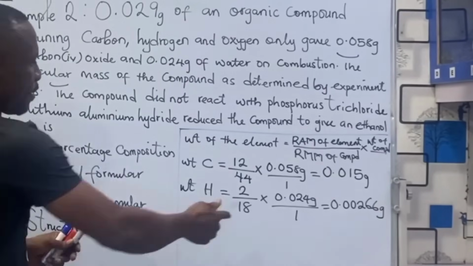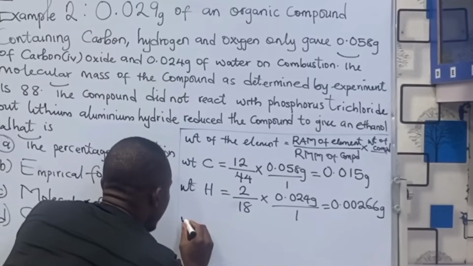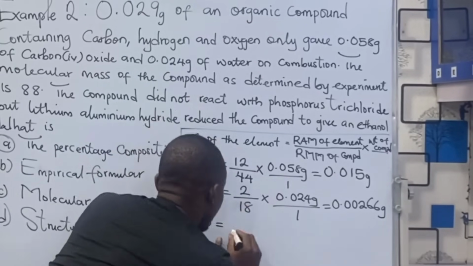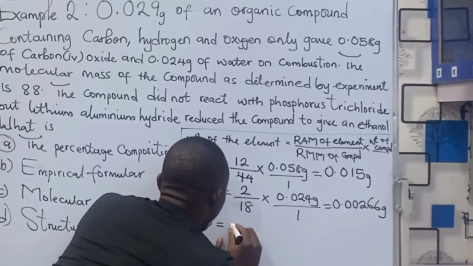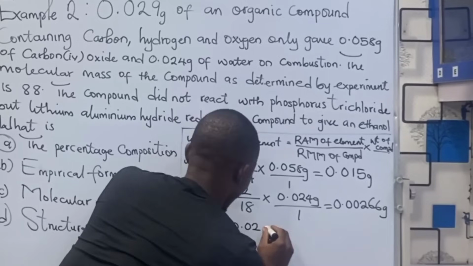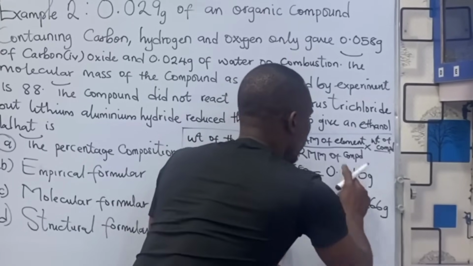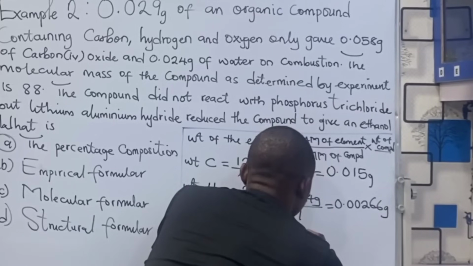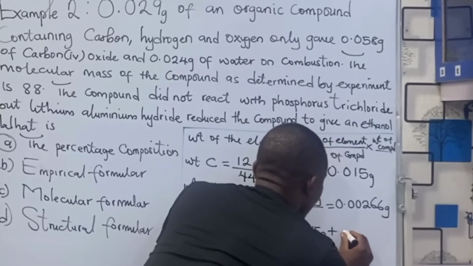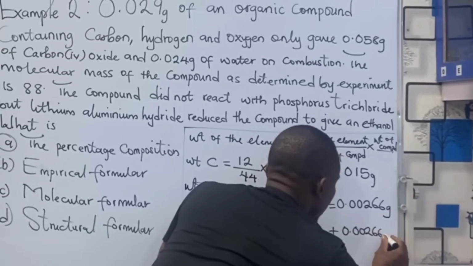Same thing there, like we did in our previous example: the weight of oxygen will be equal to the overall weight of the compound, which is given as 0.029, minus the weight of carbon, which is 0.015 grams, plus the weight of hydrogen, which is 0.00266 grams.